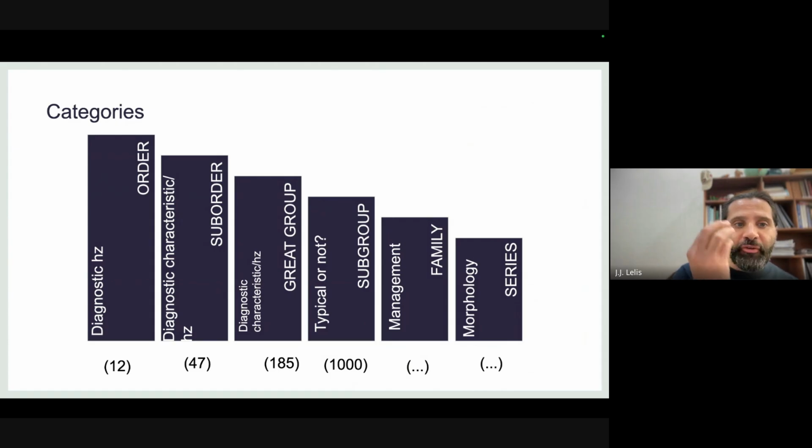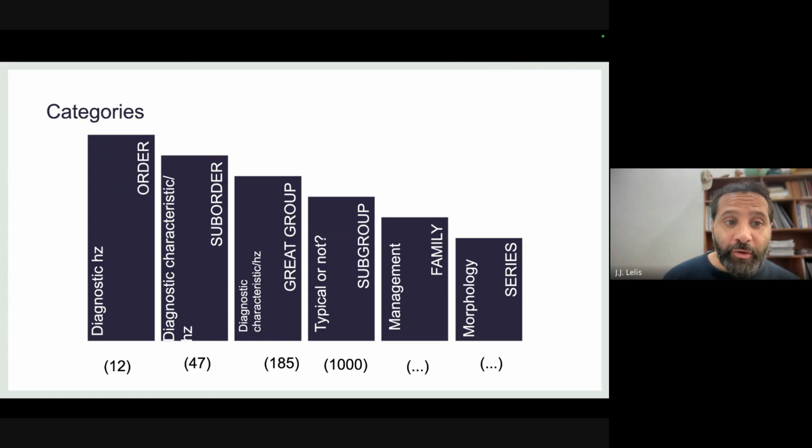So we go from the most general classification, that's called order, and we go to the deepest and more systematic, that's called series. So we go from orders to series, and we start with 12 orders, and we can achieve more than 1,000 subgroups and a huge amount of families and series.